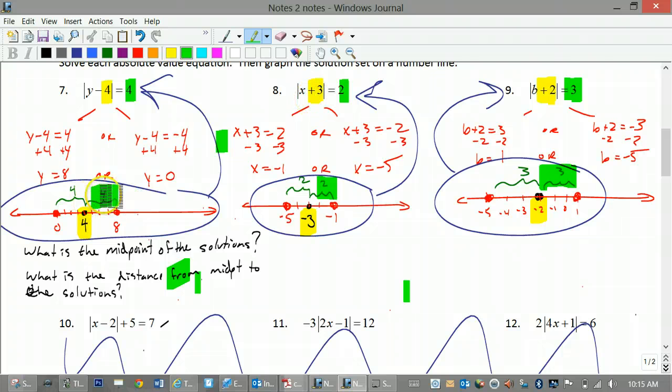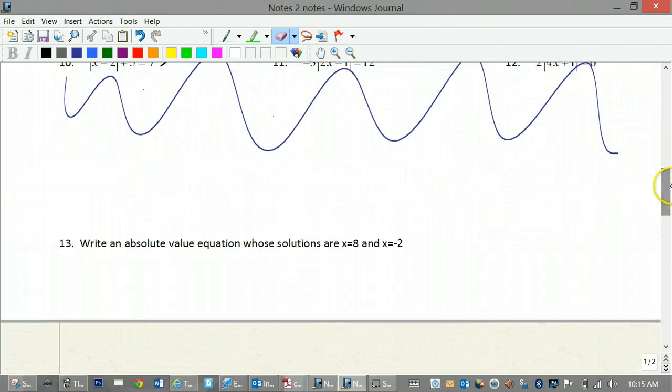The answer is the distance from that new center. That absolute value is now the distance from the new center, if you want to stretch it out with the definition of absolute values. All right, so now let's try to reverse it.